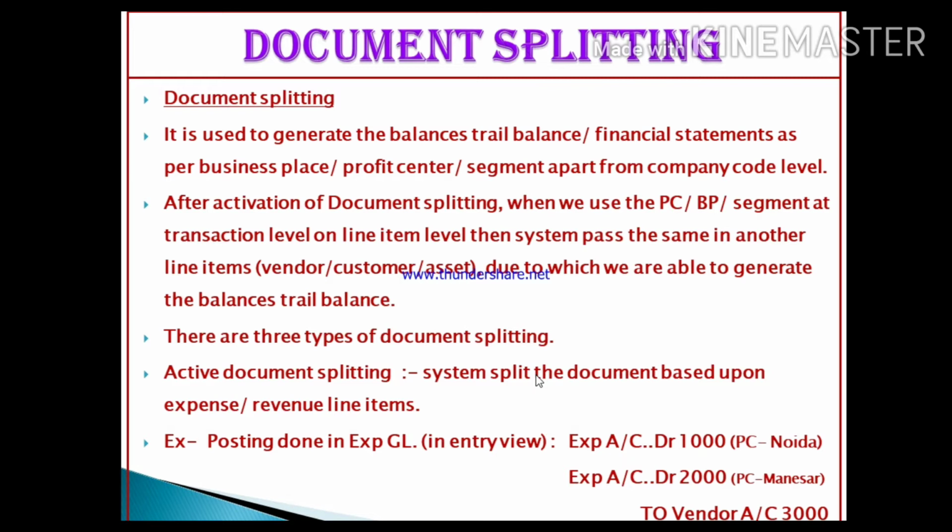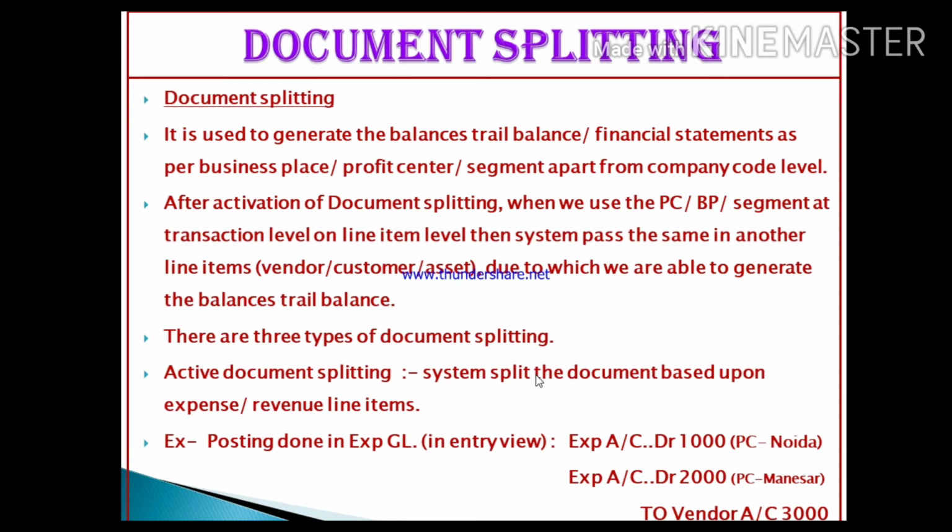After activation of document splitting, when we use the profit center wise, business place wise or segment at transaction level on line item level, then the system passes the same in another line item, that is your vendor, customer or asset, due to which we are able to generate the balances, trial balance.